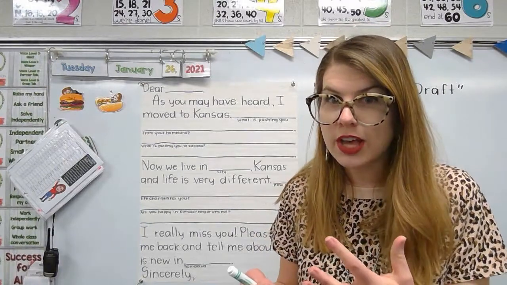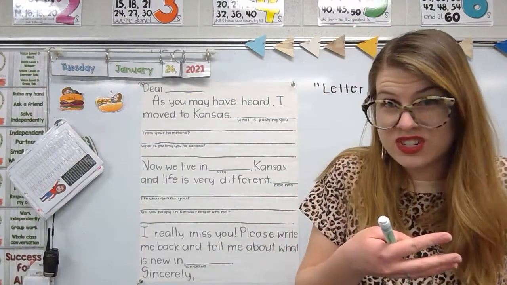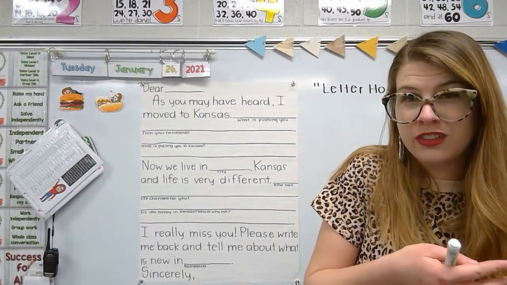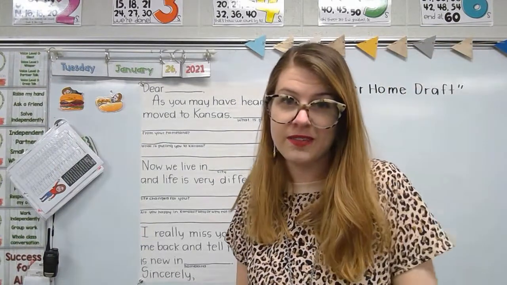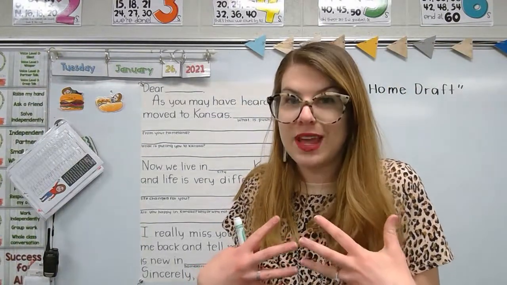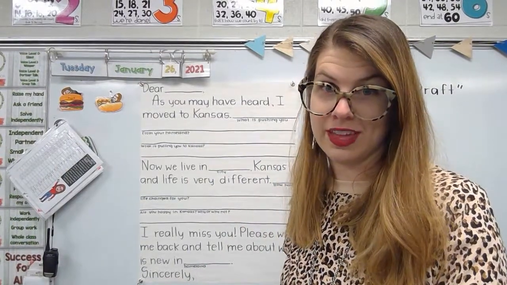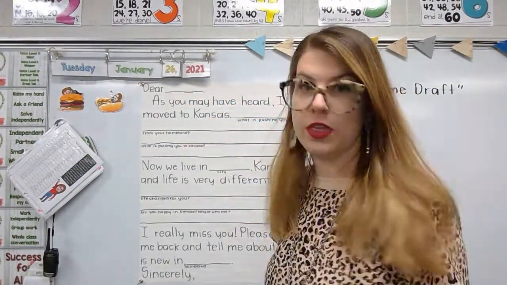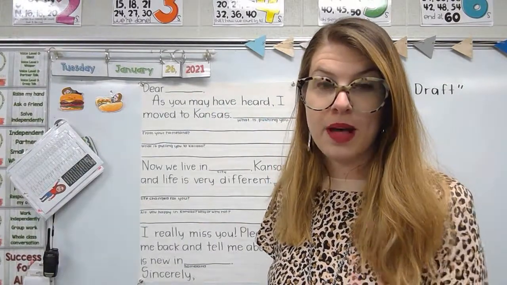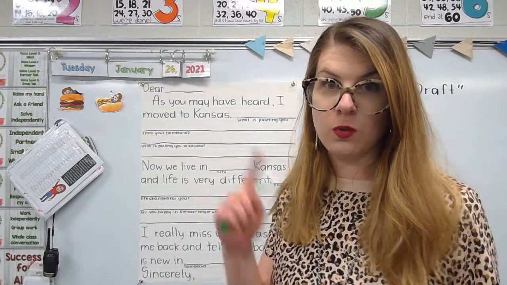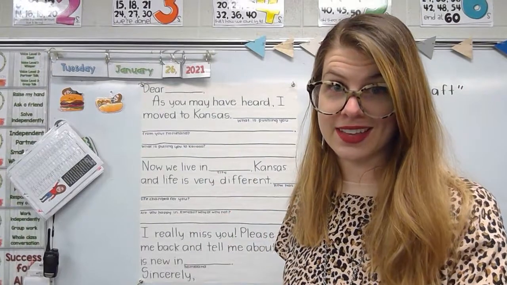Just remember that we're talking about someone from maybe 100 to 150 years ago. So we're not going to call them, what's up, B-Dog? How's it going? We're going to be using names that sound more formal. So pick out a name of somebody that you want to write this letter to and fill in with dear blank. Pause this video to do that job, and we'll come back together in about 5 seconds.